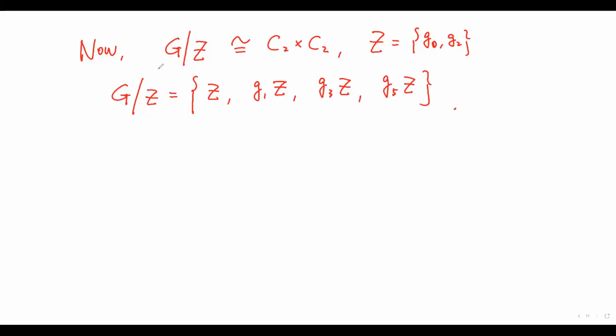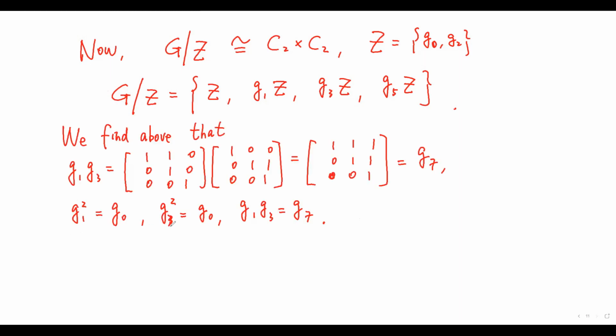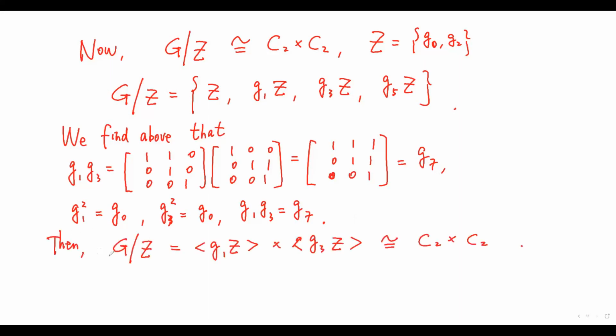Now we have this isomorphism, and the center of G is given by g0, g2. So this group is given by Z, g1Z, g3Z, g5Z. We find these identities. So this group equals g1Z times g3Z, isomorphic to C2 times C2.